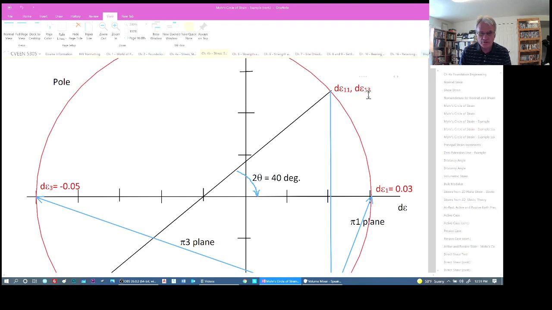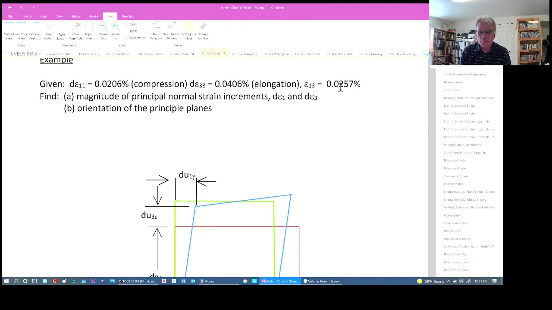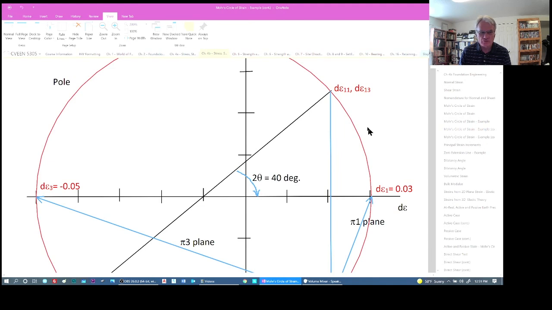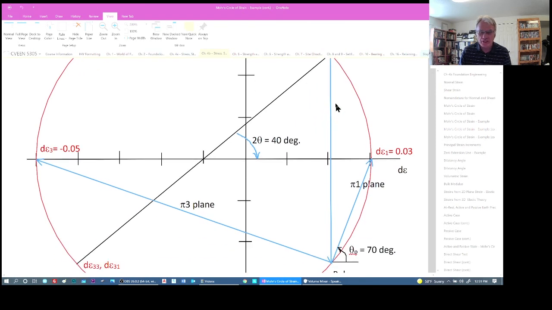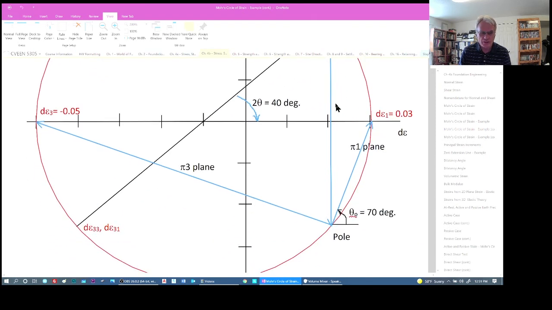Epsilon 3, which is the shear strain, is about 0.0257. So that's where there's 2, 2.5, it's almost 2.6, 2.57, somewhere in there. Okay, so that's one point.